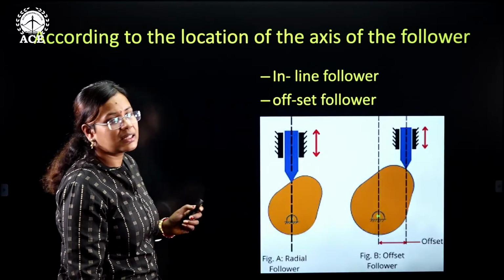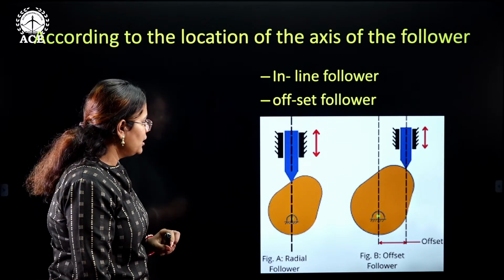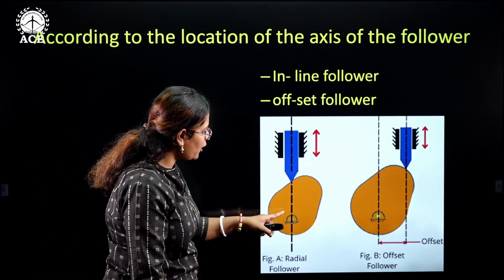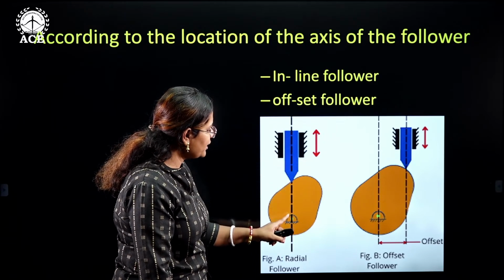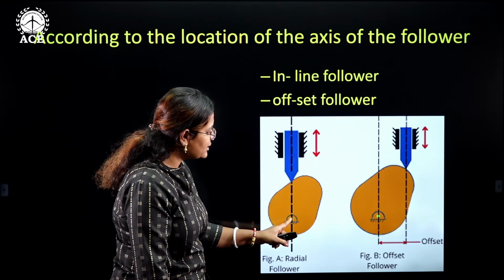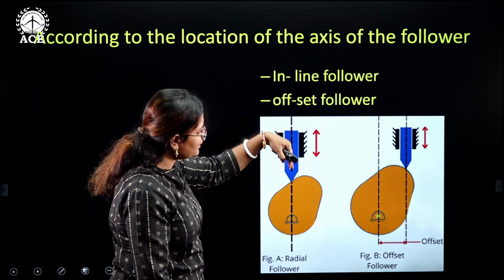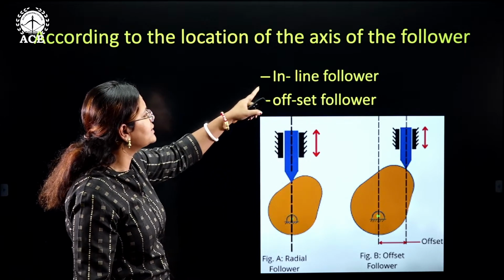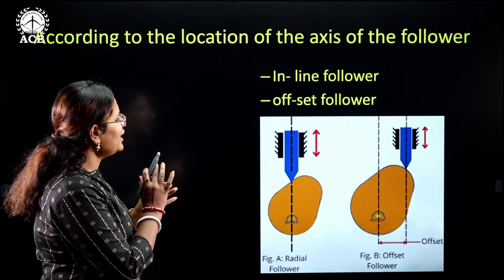Let us see the next kind, according to the location of the axis of the follower. Suppose this is the axis of the knife edge follower. If it is coinciding with the center of the axis of the cam, it is collinear, so I'll say that it is an inline kind of follower.